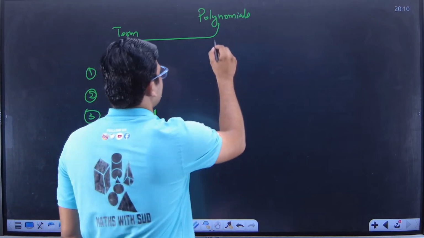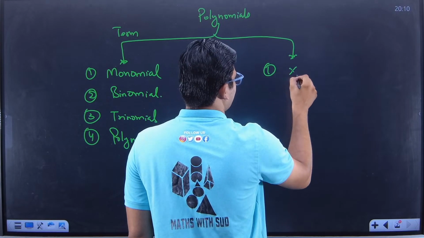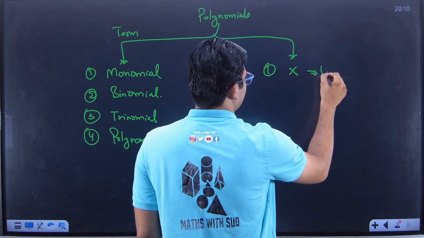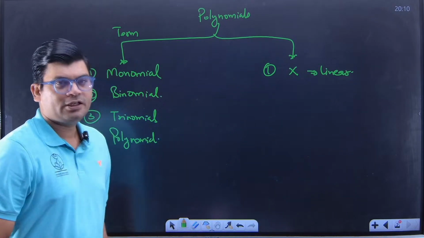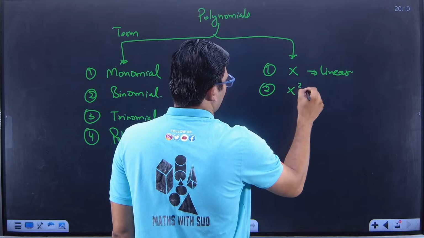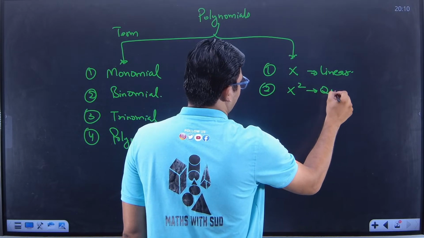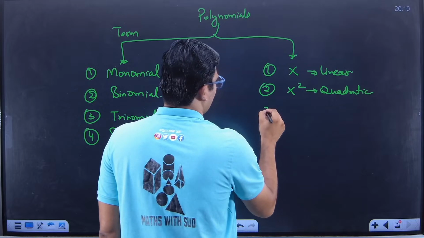Now on the basis of degree, if it has degree 1, for example x, it is known as linear. If the degree is 2, then we will say it is quadratic.